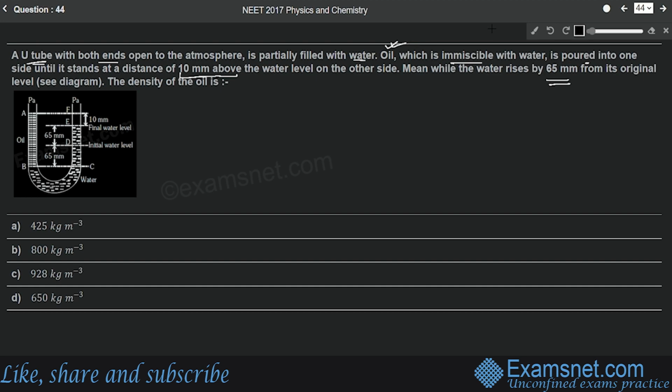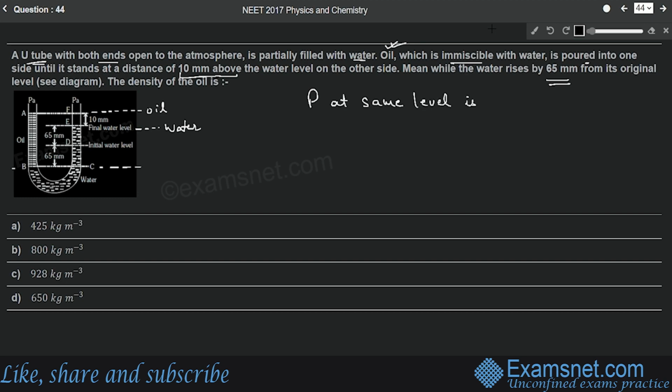So here this is the level of water, okay, and the level of oil is 10 mm above the water level here. Okay, this is the level of oil. Now we know that at this level from B to C the pressure will be same, because in the same liquid the pressure at the same level is same.